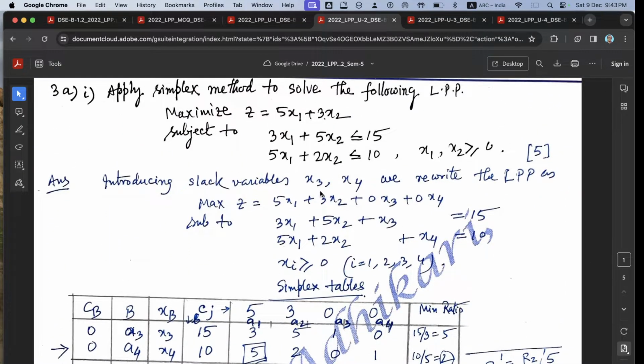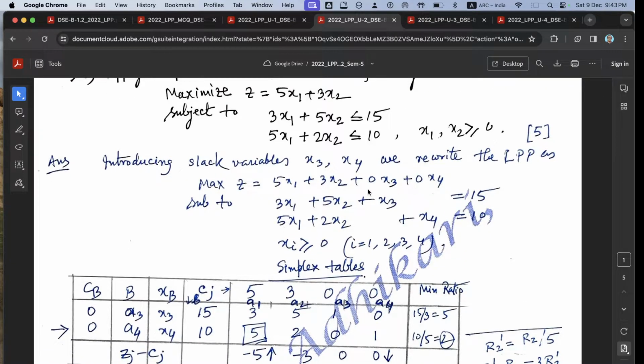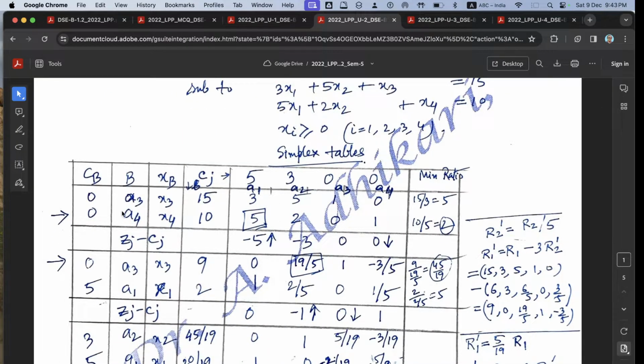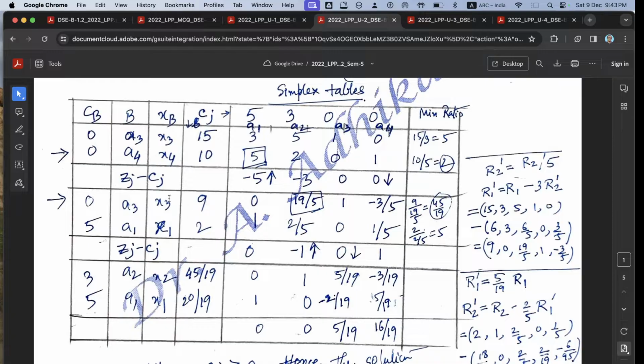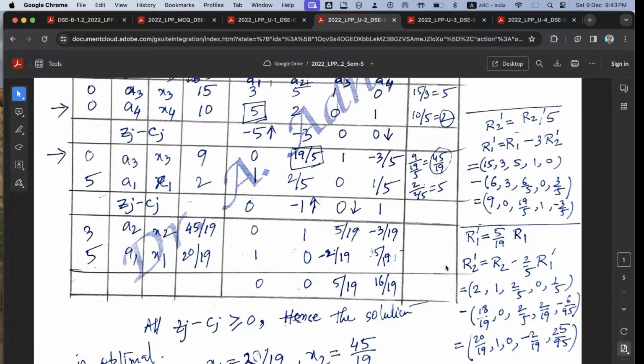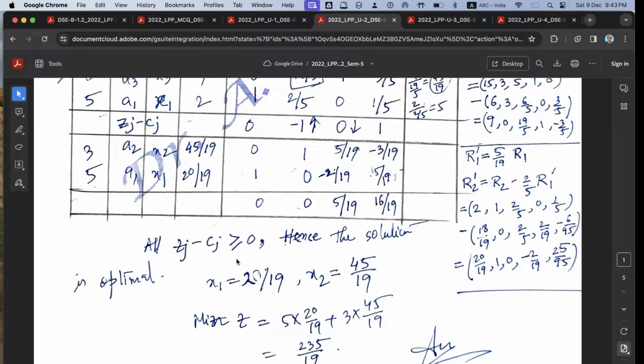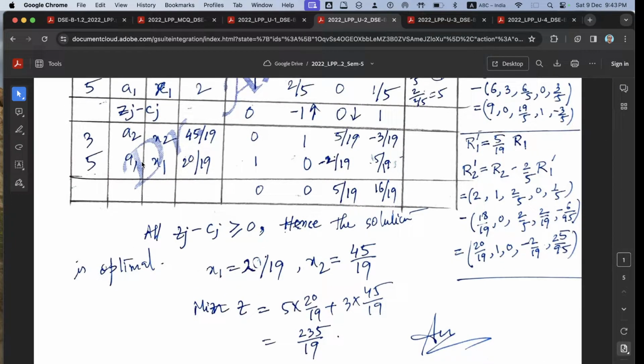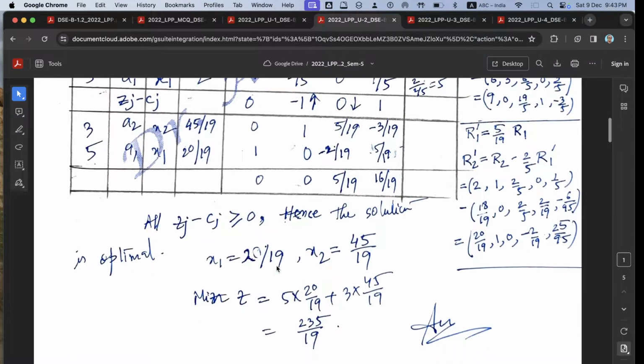So we introduce slack variables x3, x4, and we rewrite these inequalities as equations, and we construct these simplex tables: table 1, the initial table, then table 2 and table 3, and these are the detailed calculations. In the last table, the final table, all zj minus cj are greater than or equal to 0, so the solution is optimal, and x1 equals 20 by 19 and x2 equals 45 by 19, and the value of z is 235 by 19, that is, 5 times x1 plus 3 times x2.